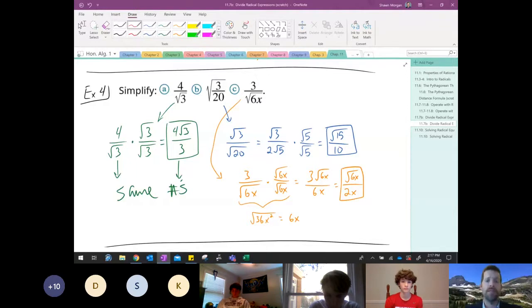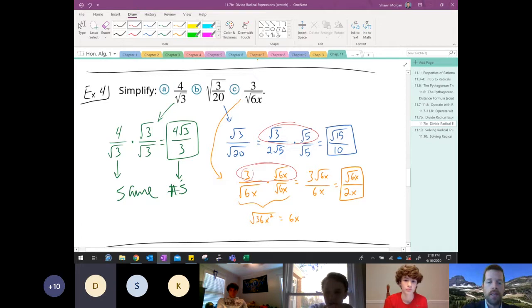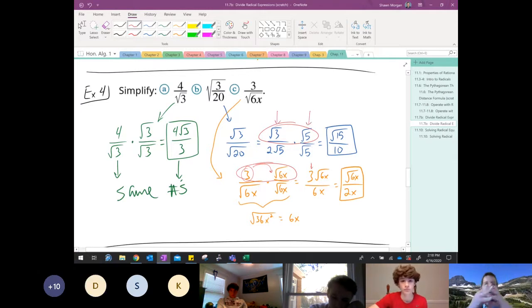Have you noticed the difference in how we multiply the numerators between the orange example and the blue example? In the orange example, the 3 just sat on the outside of the radical. He didn't do anything. Whereas in the blue example, these two radicals mixed together to make the square root of 15, because we're multiplying radicals.